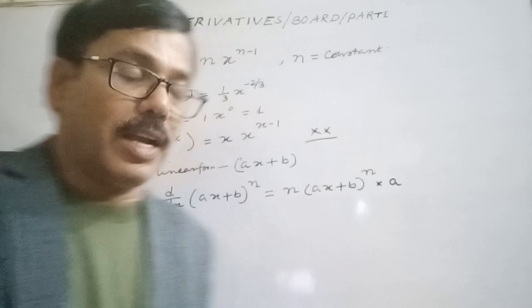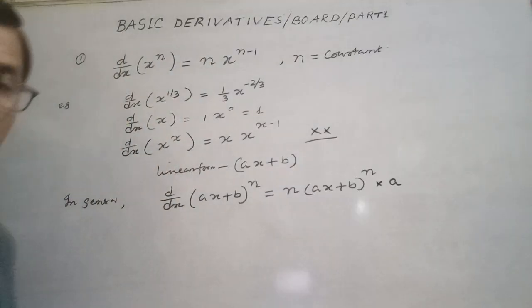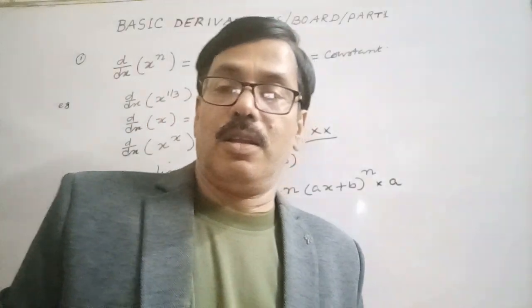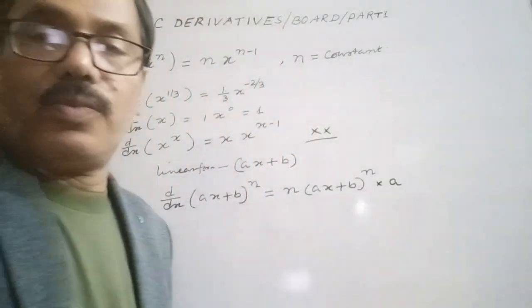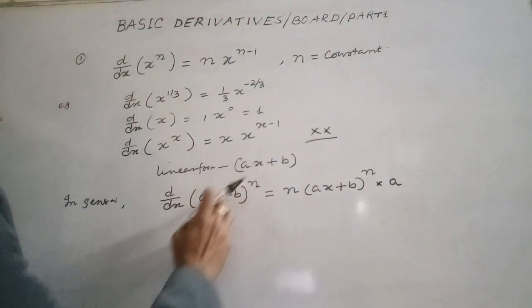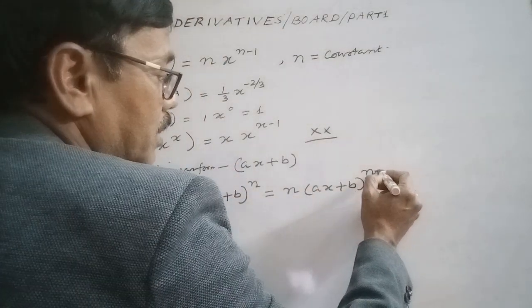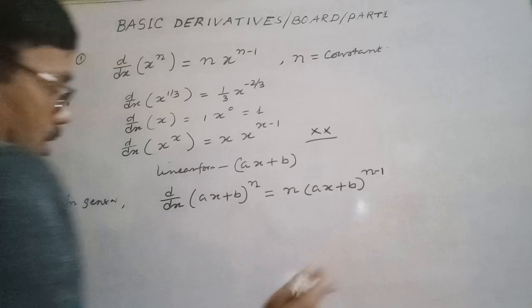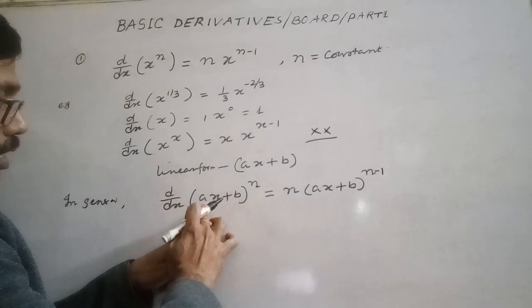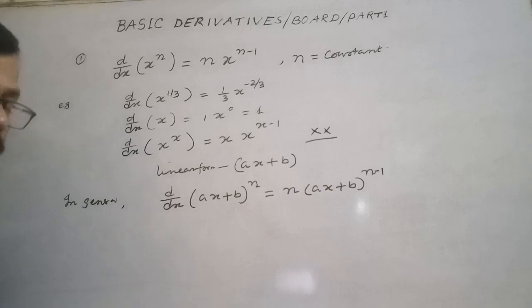Or you will learn later, when you find the derivative by chain rule, that is the derivative of the function: n comes forward, the power is diminished by 1, then the derivative of ax plus b. The derivative of ax is a and the derivative of b is 0.